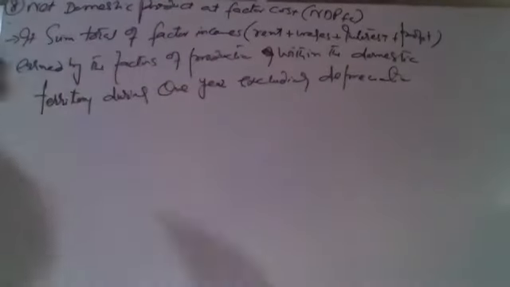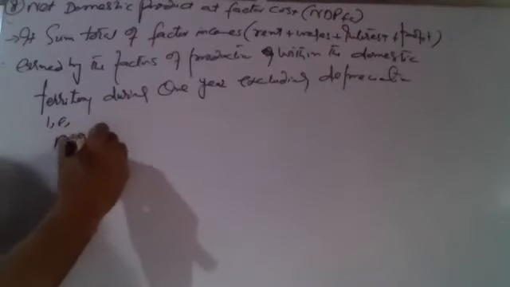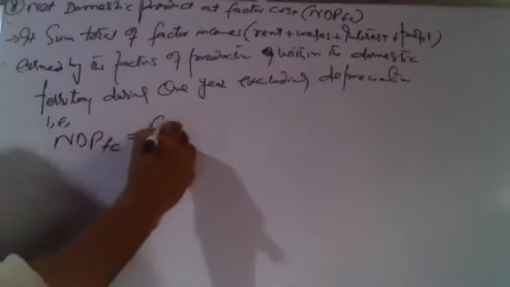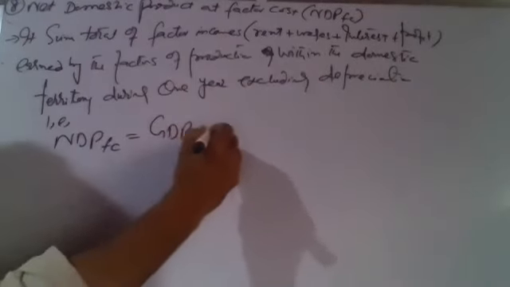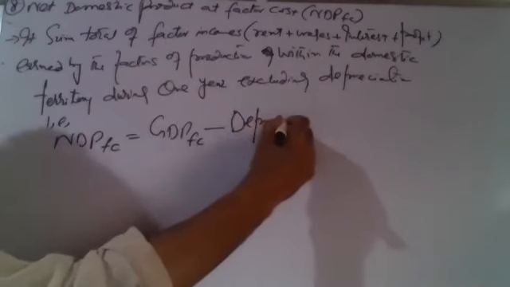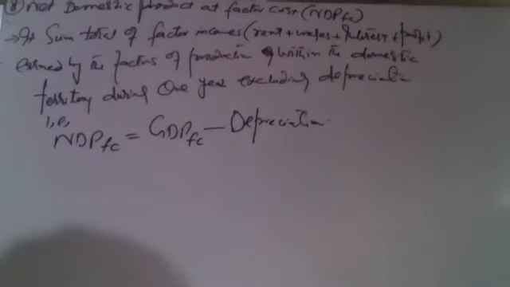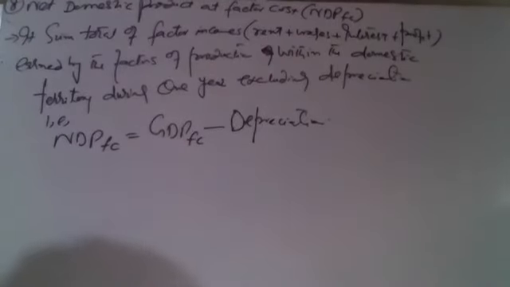So it is the same as GDP at factor cost, but here we exclude depreciation. We only exclude depreciation from GDP at factor cost to get NDP at factor cost.